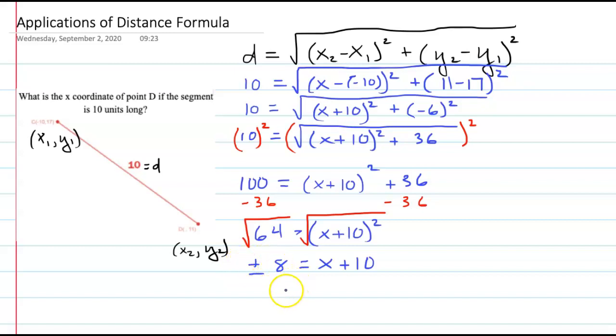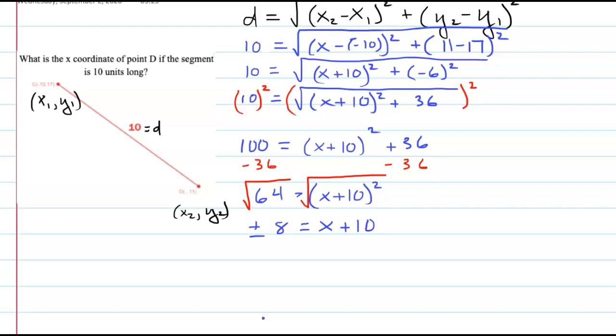And now I have two situations I need to consider. This is going to produce two equations. So one, I want to know when positive 8 equals x plus 10. And if I solve that equation by subtracting 10 from both sides, I'm going to get x equals negative 2.